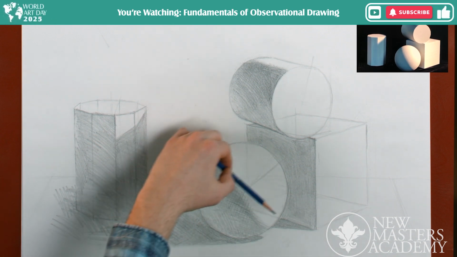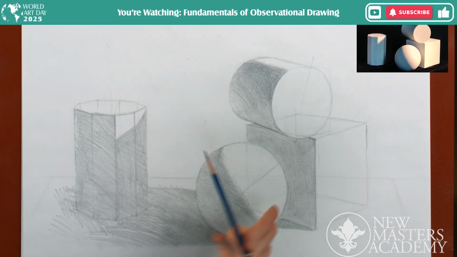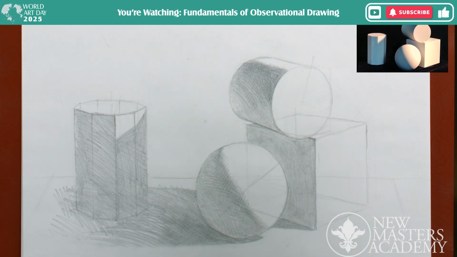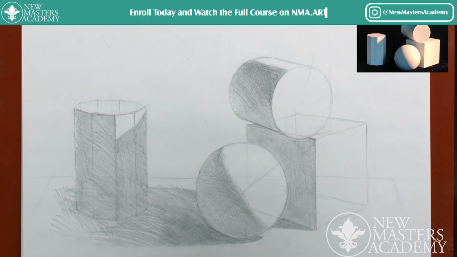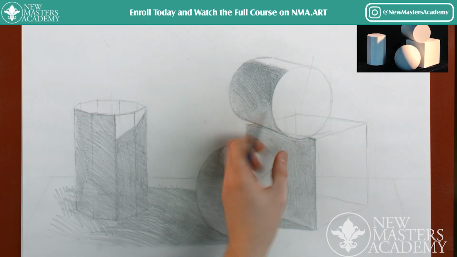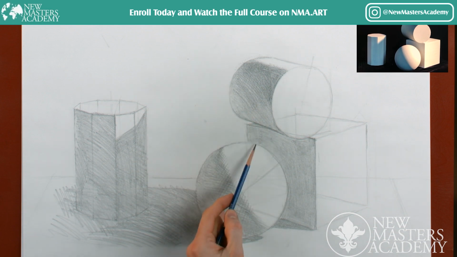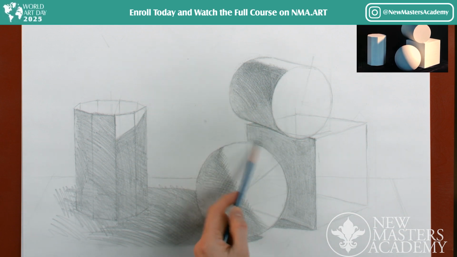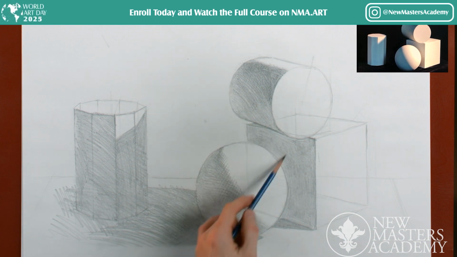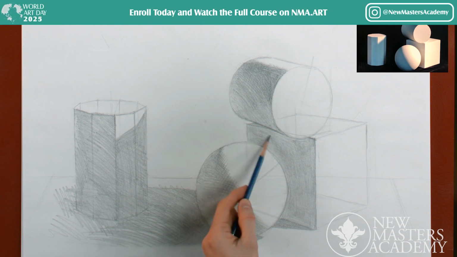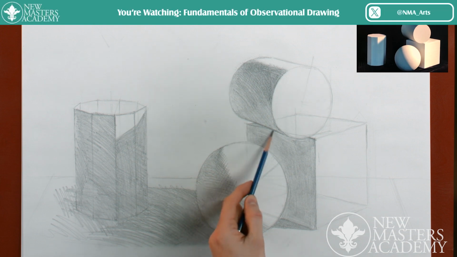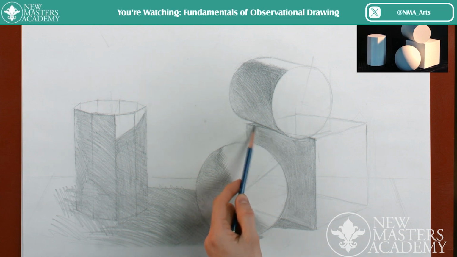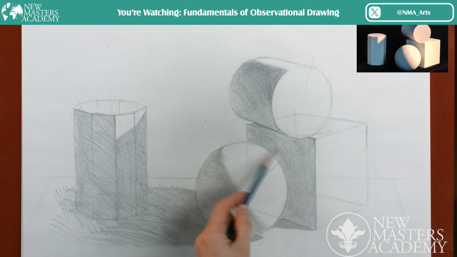And then as we turn back around our sphere, there isn't as much light being reflected in. So the darkness that you see here in relation to our reflected light here would be part of that occlusion shadow. So we'll go with it.